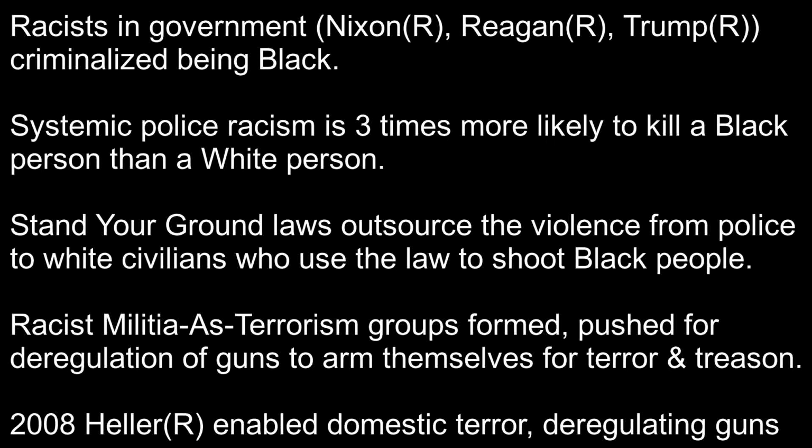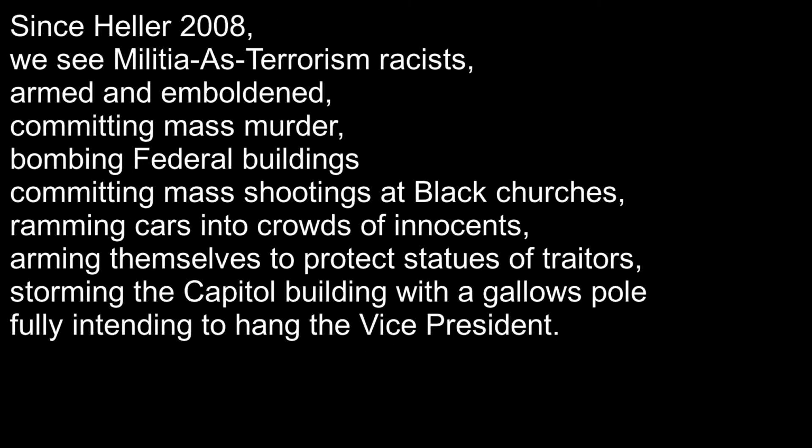In 2008, the Supreme Court obliged with their Heller ruling, doing their best to enable terrorist groups to arm themselves without any pesky gun regulations getting in the way. And since Heller, we see those militia as terrorism racists, armed and emboldened, committing mass murder, ramming cars into crowds of innocents, arming themselves to protect statues of traitors, storming the Capitol building with a gallows pole fully intending to hang the vice president.